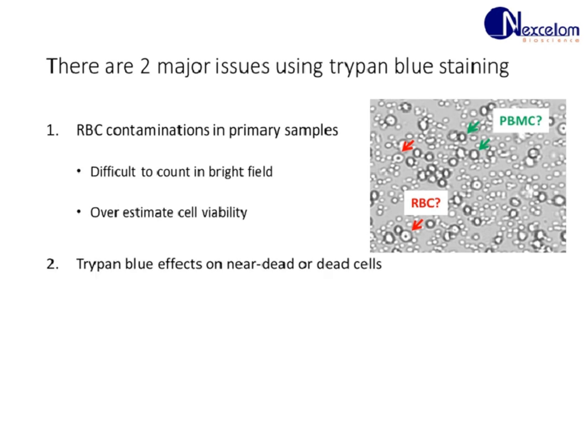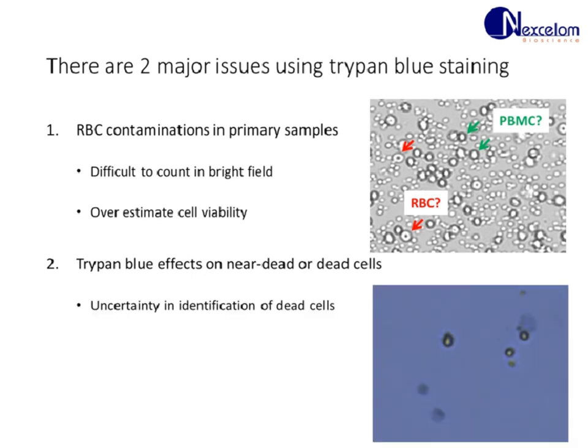The second issue is we have found over the years of working with many different users, Trypan blue effects on near dead cells or dead cells. So showing an image of a Trypan blue stain sample, you can see sometimes there's uncertainty in identifying the dead cells.